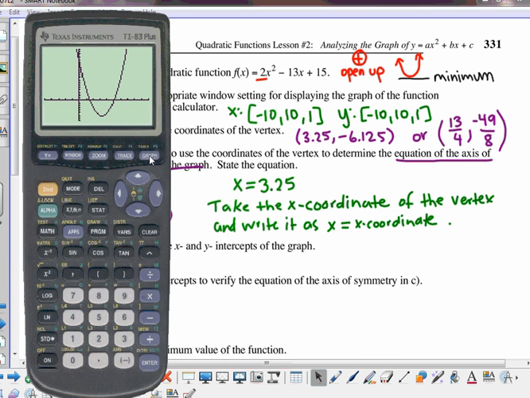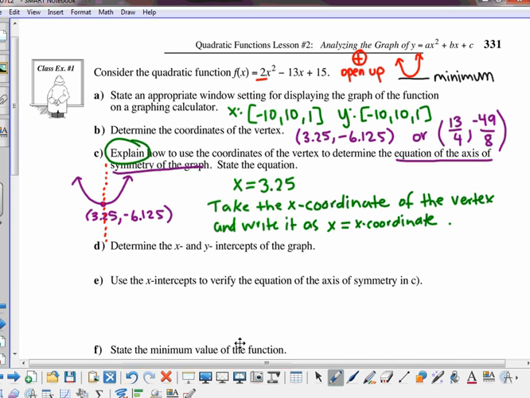Okay. So can we see one of the x-intercepts? Yeah? How far? Where? What is it? 5. Okay. So remember, one of the x-intercepts equals 5. Now remember, if this guy is 5, is the distance between your axis of symmetry and each intercept going to be the same?